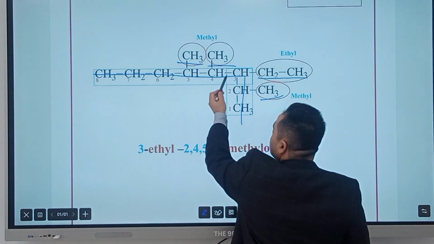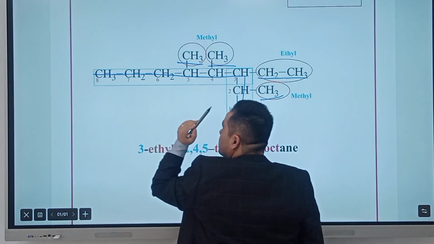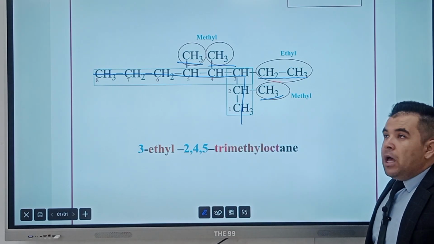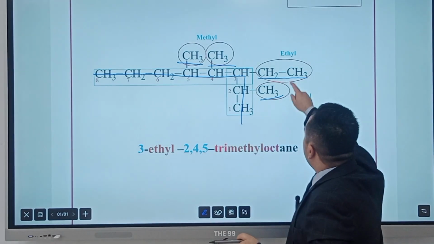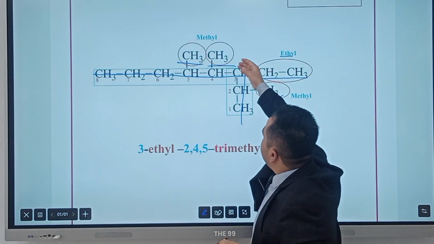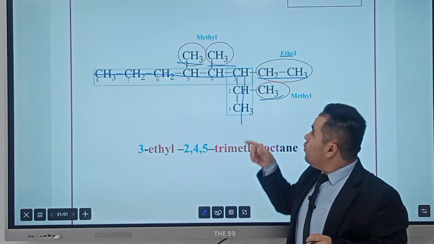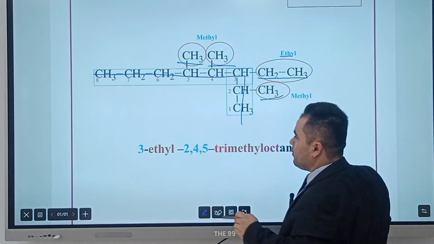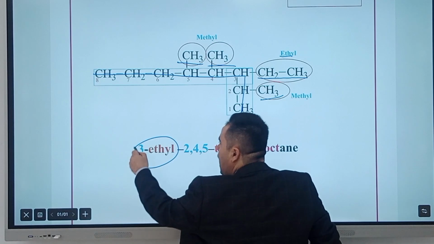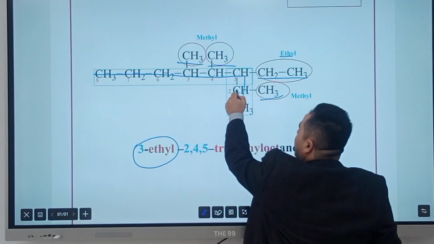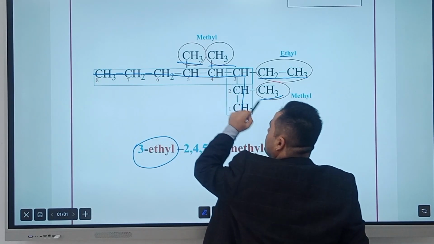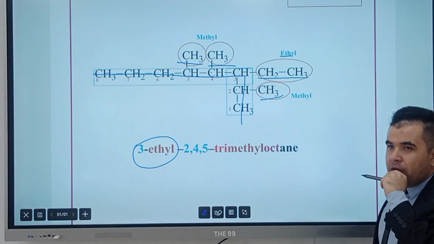So 1, 2, 3, 4, 5, 6, 7, 8. That's the parent. How to name? We have to name the ethyl and then the methyls. So on the third we have an ethyl. Write down 3 ethyl. Second, fourth, and fifth we have got 3 methyl.